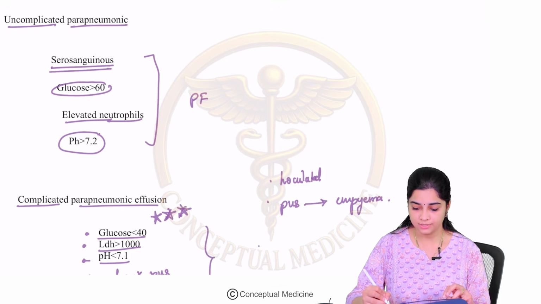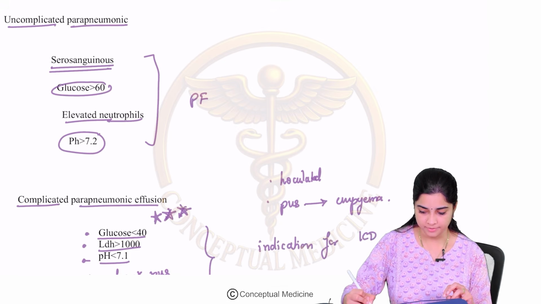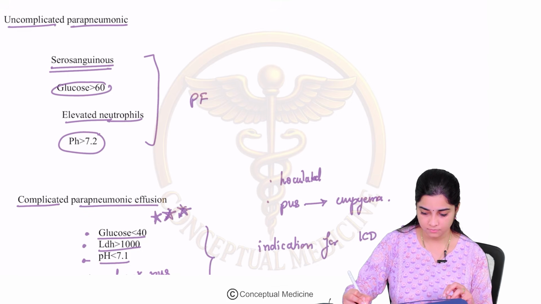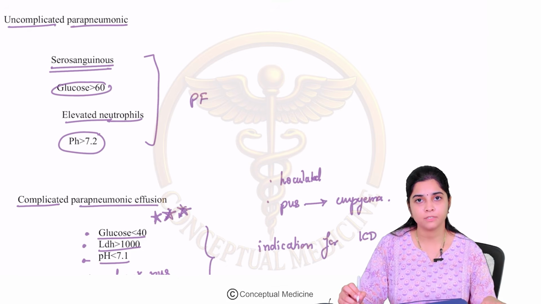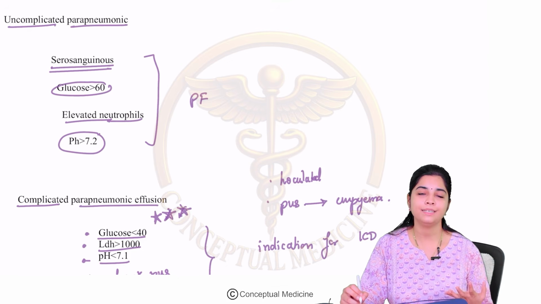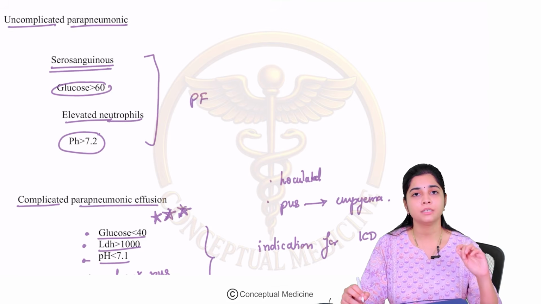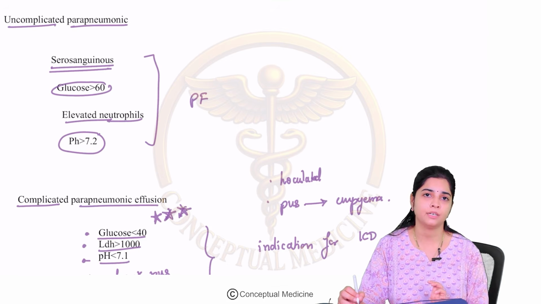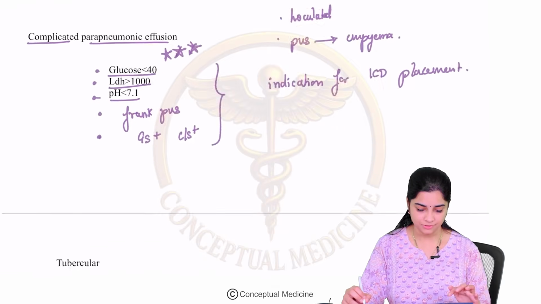Then any of this is an indication for ICD placement. An ICD or a pigtail placement is where you put a drain into the pleural cavity and you drain out the fluid. Alright, so that is about your parapneumonic effusions.